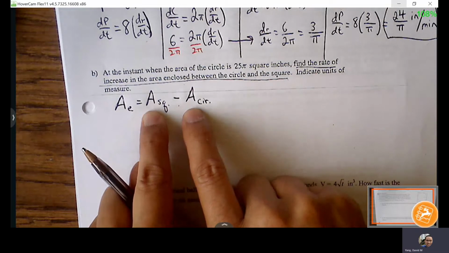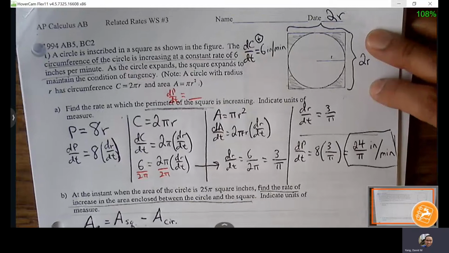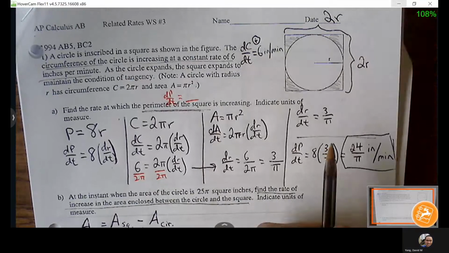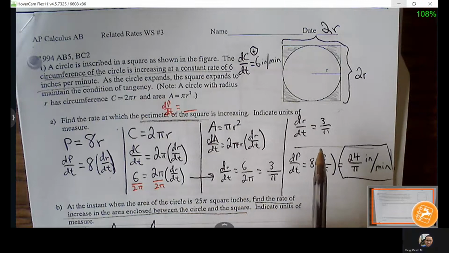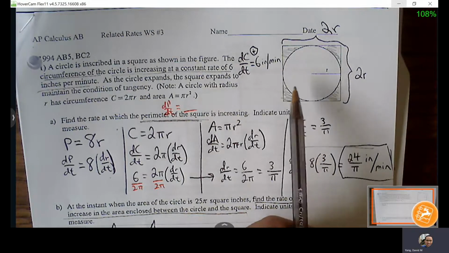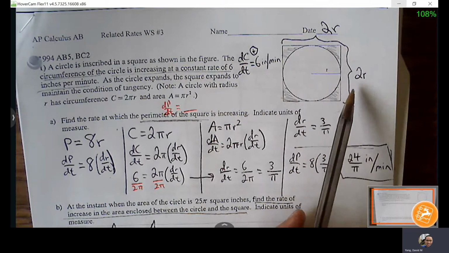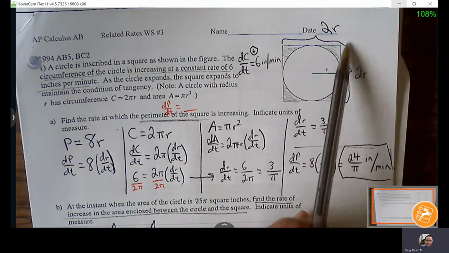So area of a square. What's the area of a square in general? Yeah, length times width. How would we do that using the variables we've already established? Yep, 2r times 2r. So that's 4r squared.